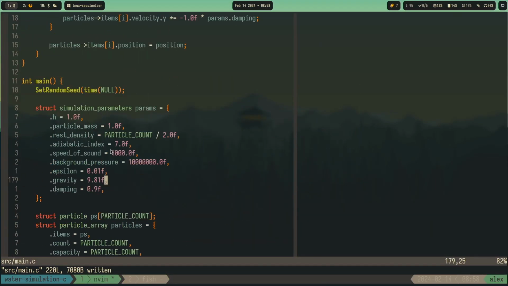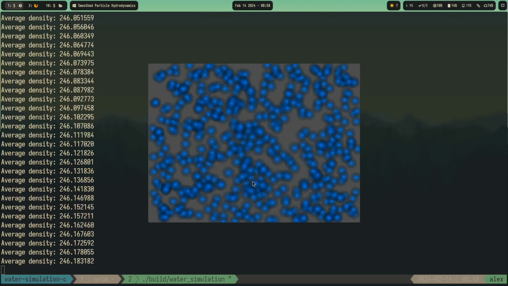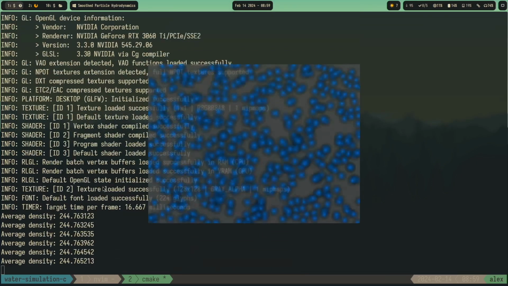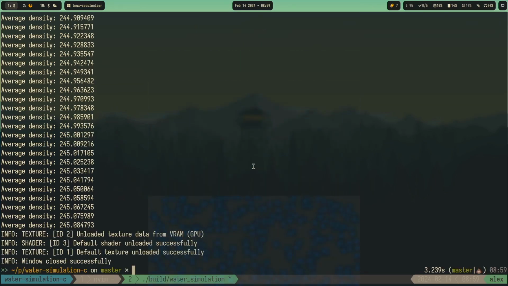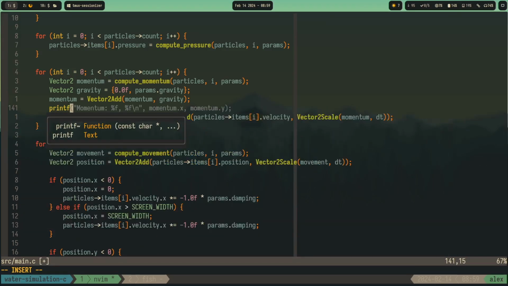Let's increase the gravity. Let's make it 10 times larger. Wait, what? Do we need to make it like... Wait, is something wrong with the gravity? Not sure, it looks weird.